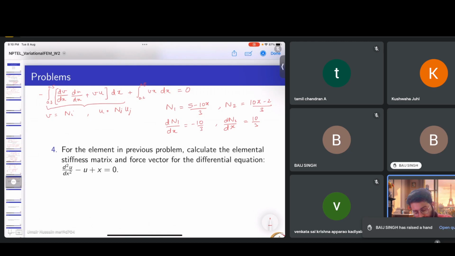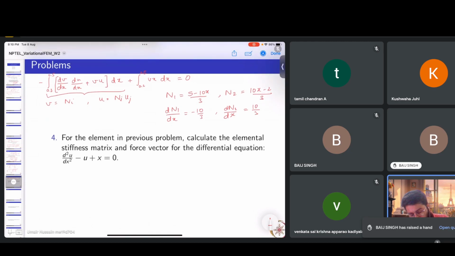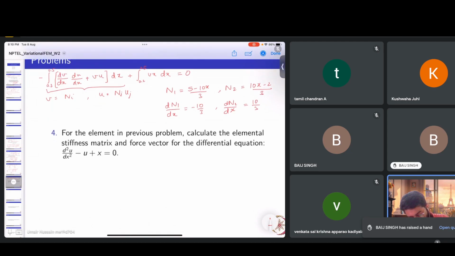Okay, so substitute this, and we'll get a matrix like this. So what should K11 be? K11 means V would be N1 and U would be N1.